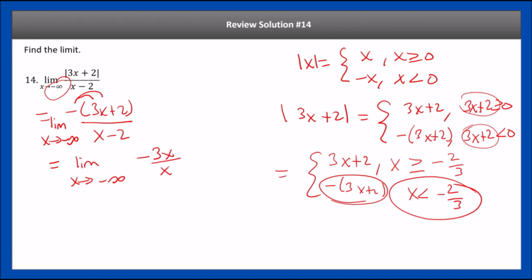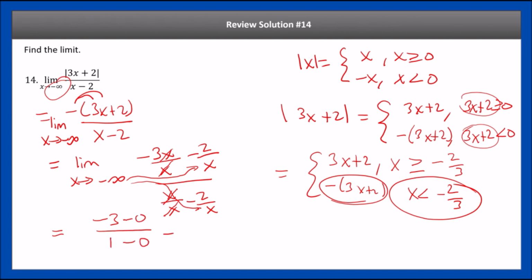So we take that, divide by x, and then this plus 2 is going to turn into negative 2 because we're going to distribute that negative. All right, so again, these cancel. If I plug in infinity there, and there, it's going to turn into 0. So we get negative 3 minus 0 over 1 minus 0, which is negative 3. So the limit has to be negative 3.